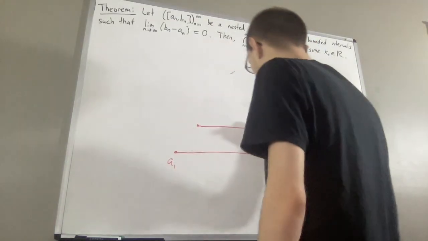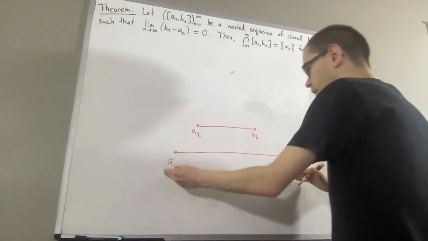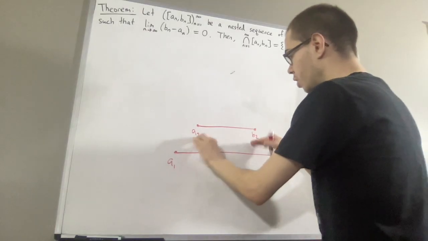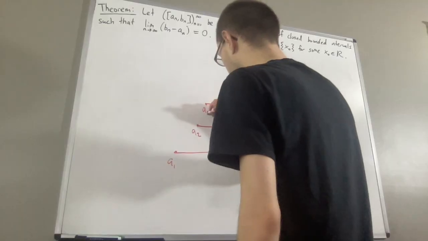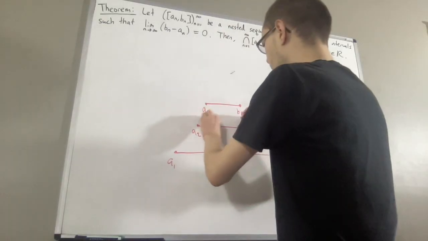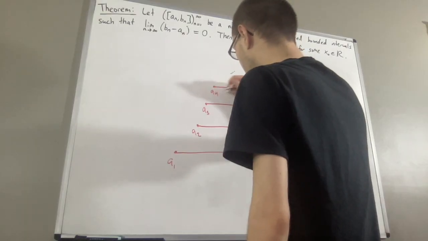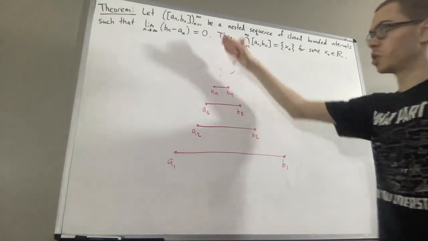Maybe it looks something like this. But as you can see, [a1, b1] contains [a2, b2]. [a2, b2] contains [a3, b3]. [a3, b3] contains [a4, b4], and so on. This sequence of closed intervals goes on forever.